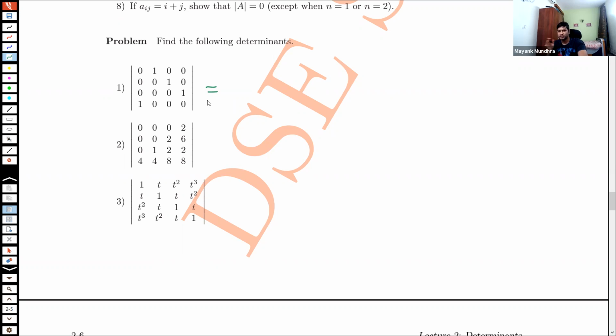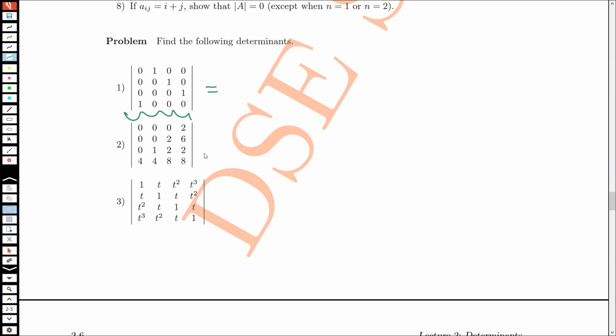Remember column exchanges or row exchanges when you're doing it. So that would be easier. Yeah, what would be this determinant value, guys? Come on. Sir, 1.